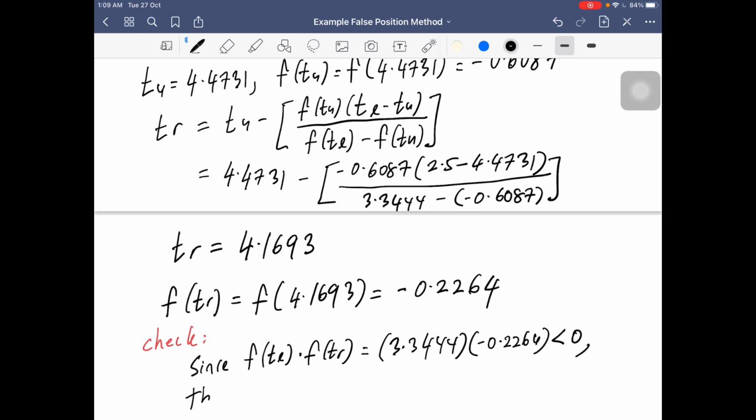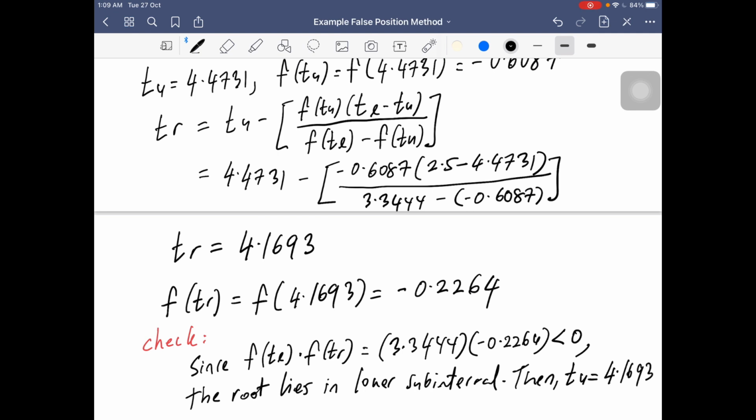Then again the root lies in the lower subinterval. Okay, means that TU will be replaced by the new value of TR, which is 4.1693.